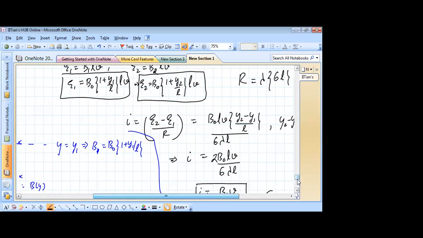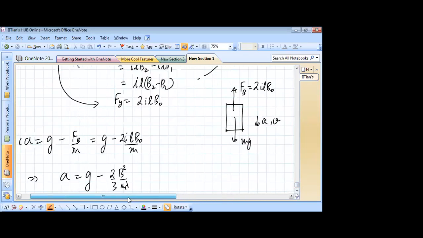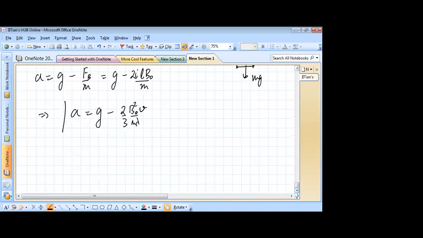this kind of term. So this is the acceleration as a function of v, whereas the current as a function of v was B0 L v by 3.